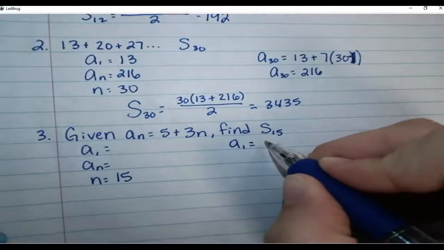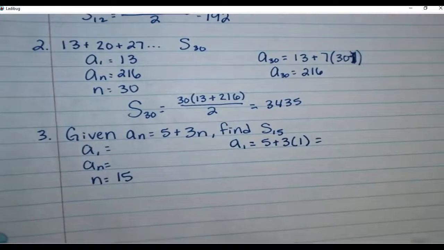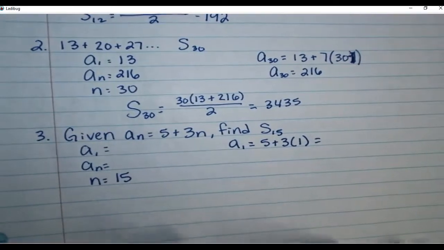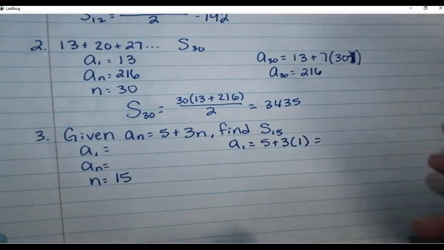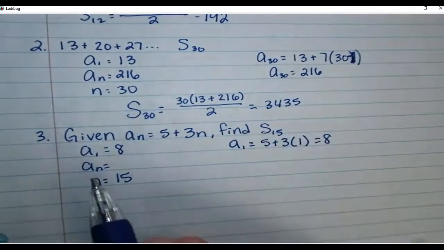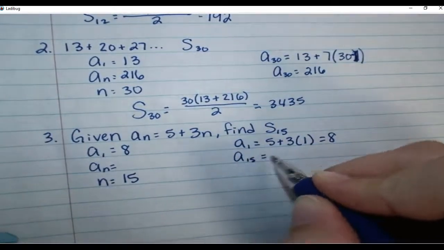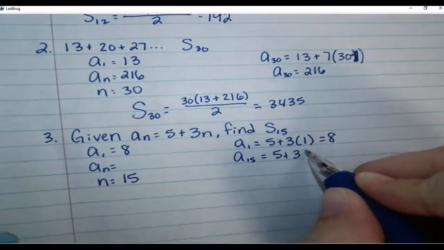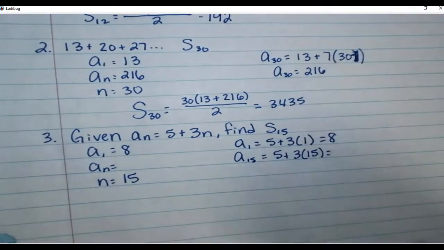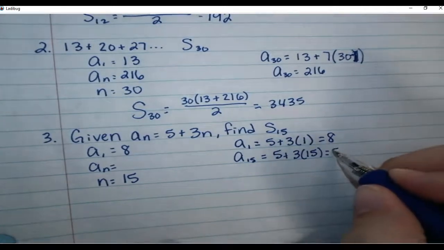So a1 equals 5 plus 3 times 1. So our first term is 8. Good. And then a sub n, well, our n is 15, so we want a sub 15. So 5 plus 3 times 15. Good, 50.